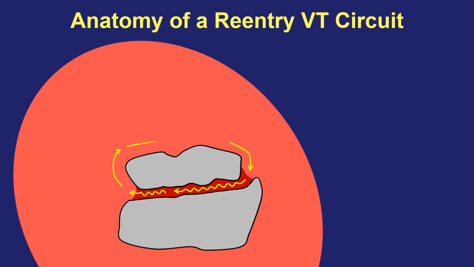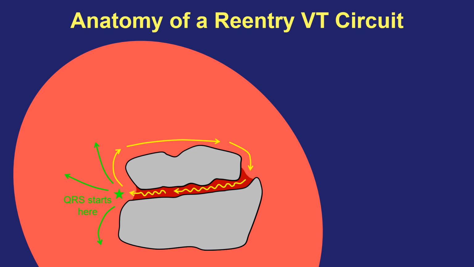Here is what a VT circuit might look like, where you have slow conduction traveling through and within myocardial scar, coming back out to normal myocardium, traveling through more normal myocardium around the periphery of the scar, and then entering back into a zone of slow conduction, meandering through the scar again.